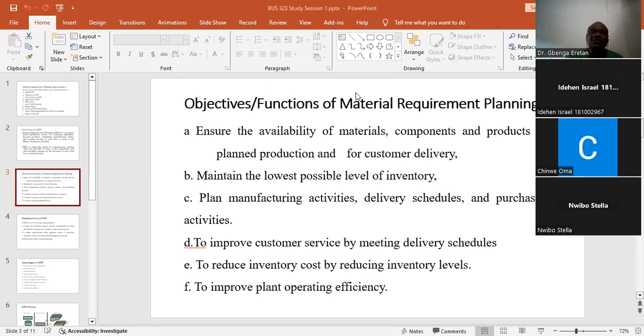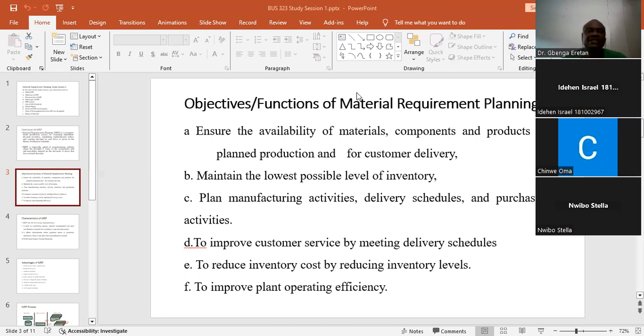You have to take note, a replenishment order is that order that is made in order to get back the stock that has been taken out of the store. And that is what we call a replenishment system.